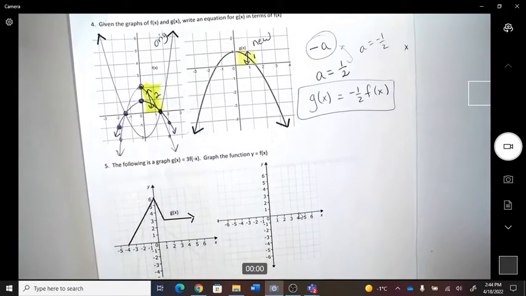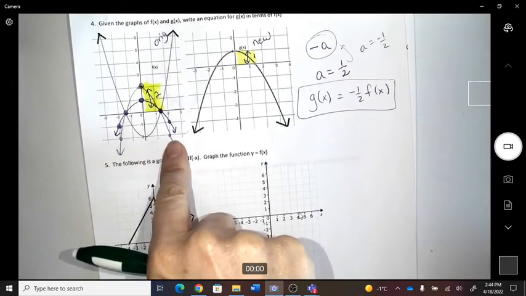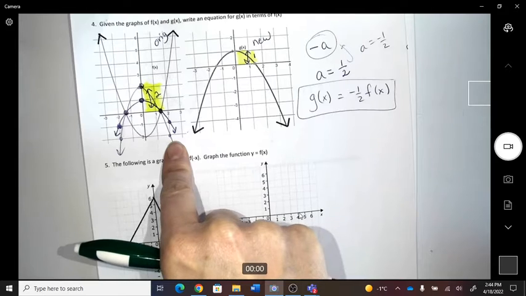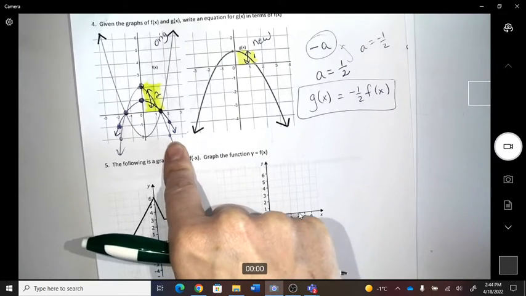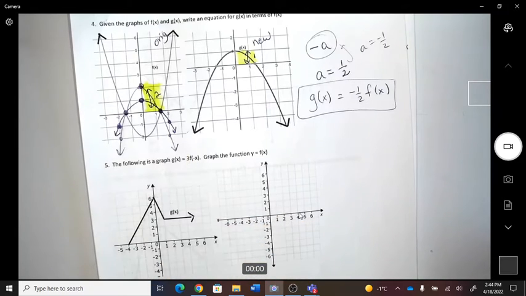That's what it will look like. Okay? On your test, I think I put some kind of, hey, I reflected it and then I maybe moved it right or something like that. Please make sure when you're drawing these, let's draw it reflected. Let's draw it shifted. You have to do a reflection before a shift or a stretch before a shift. Okay? You always have to think like order.